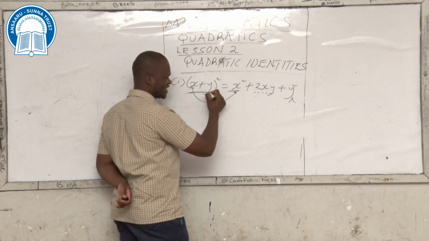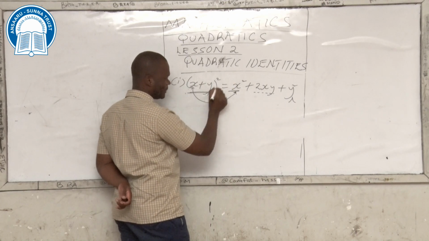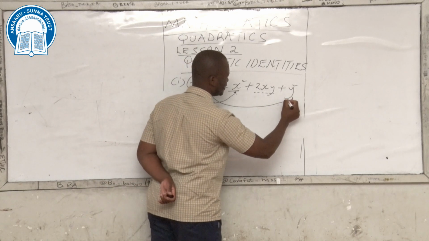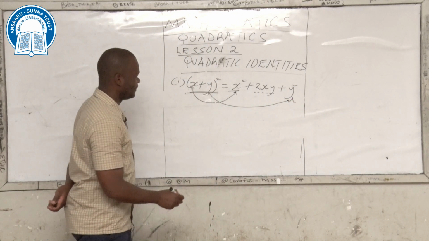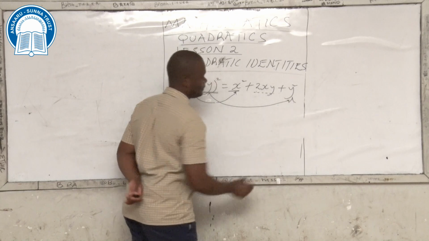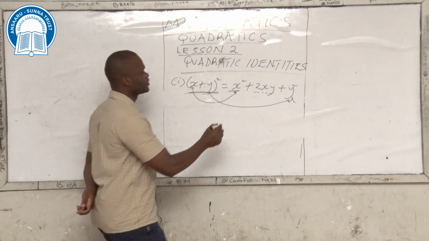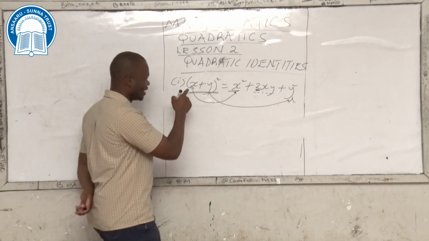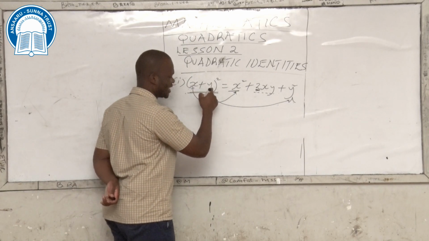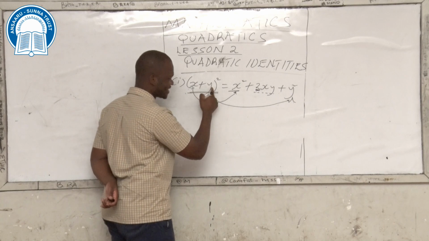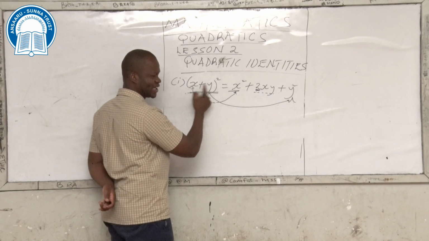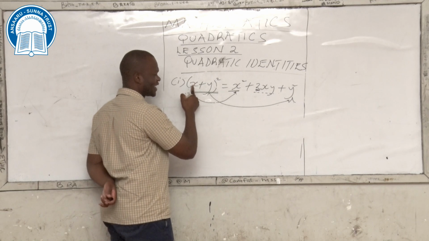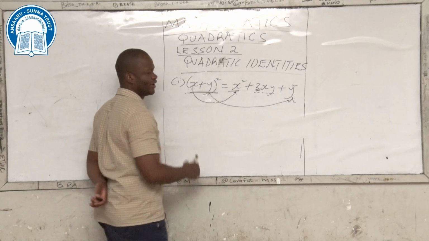Taking that second term in the bracket which is in the left hand side and squaring it. Then the middle term, how do you get it? You take 2, which is a constant, times whatever elements or terms you have in the bracket. In this case, what do you have? We have x and y.